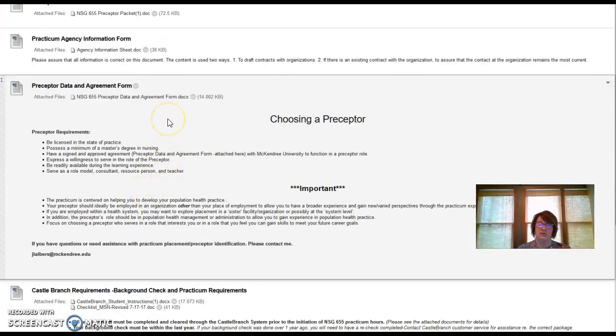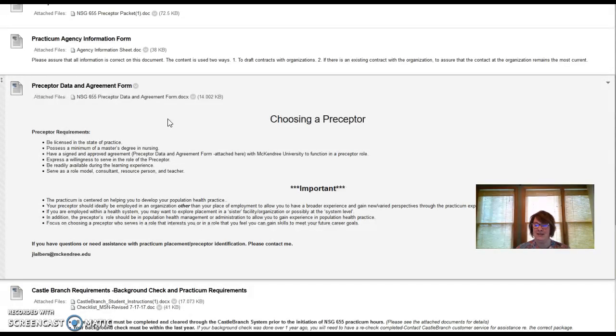And as far as the data and agreement form, we are required by CCNE to have documentation that our preceptors are qualified, and that is the purpose of the preceptor data and agreement form. I have included tips on choosing a preceptor, and it is again a CCNE requirement that our preceptors are master's prepared nurses. And you will be developing your experience, and you may be spending some time with folks other than MSN prepared nurses, and that's part of that interdisciplinary component and what's key as far as developing those population health skills.